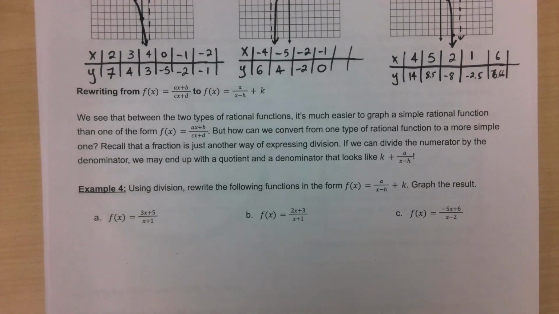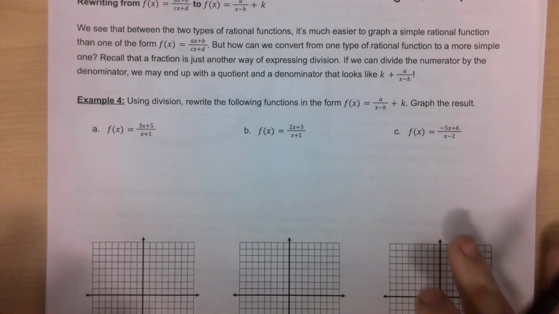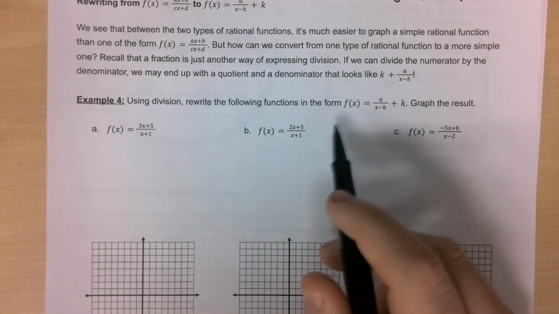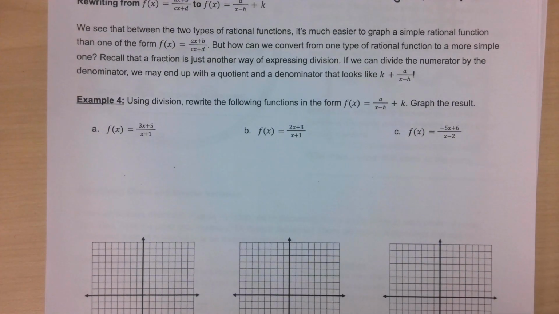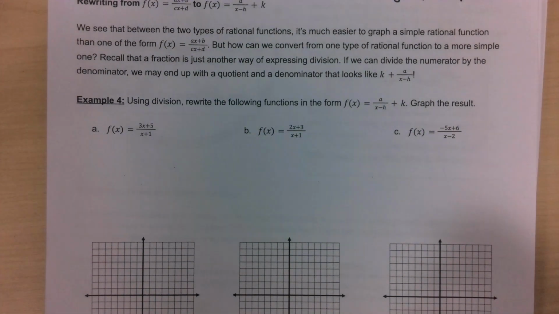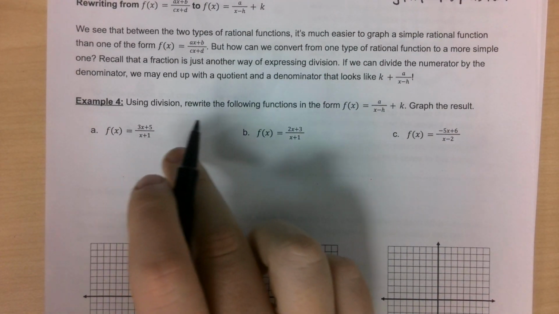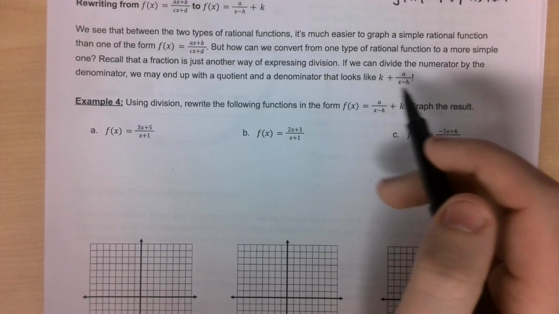So, let's take a look at 4a and see if we can do it together. It says using division to rewrite the following functions in this form and graph the result. Recall that when we divide, we're going to end up with a polynomial and then a remainder. But doesn't your remainder normally look like a over x minus h?